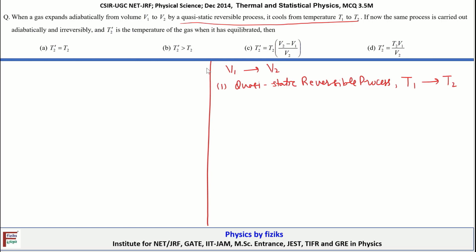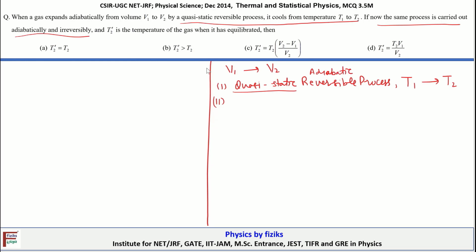And the second case is when the same process takes place adiabatically and irreversibly. So the first is quasi-static reversible, but adiabatic also, since it is given that the gas expands adiabatically from V1 to V2.